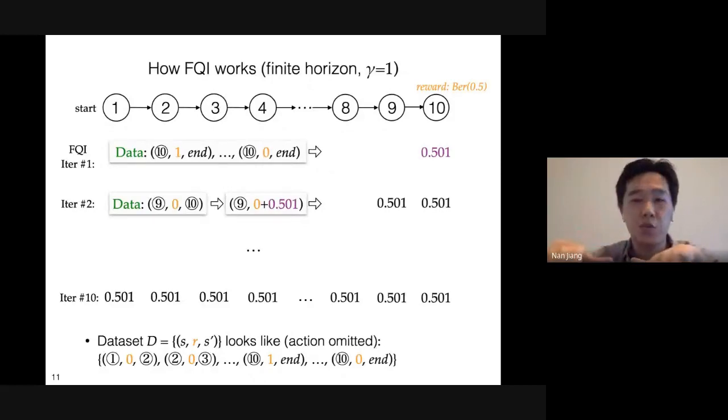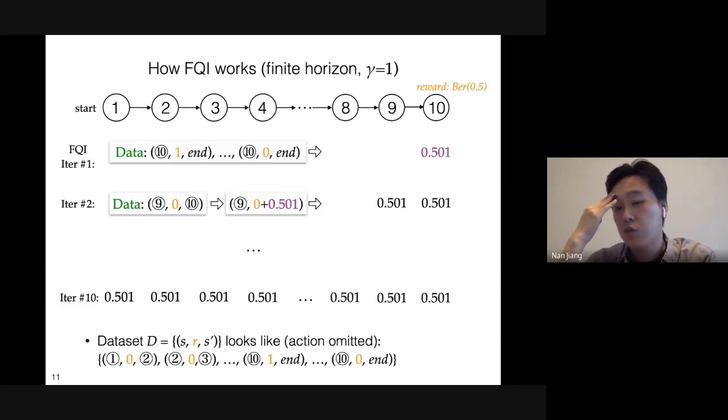And the reason is because we're using a tabular function class here. We're not really doing any function approximation, right? So in the function approximation land, you cannot express all the functions over the state space, right? So you can only express a very restricted subset of all the functions.